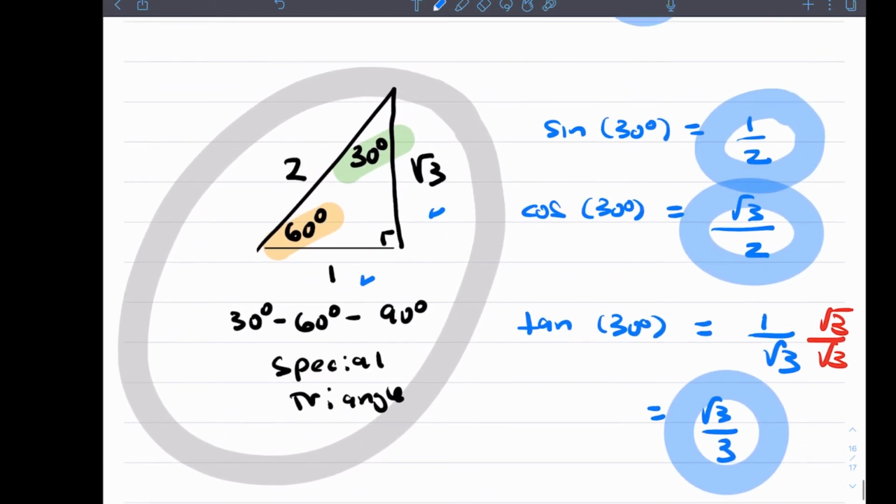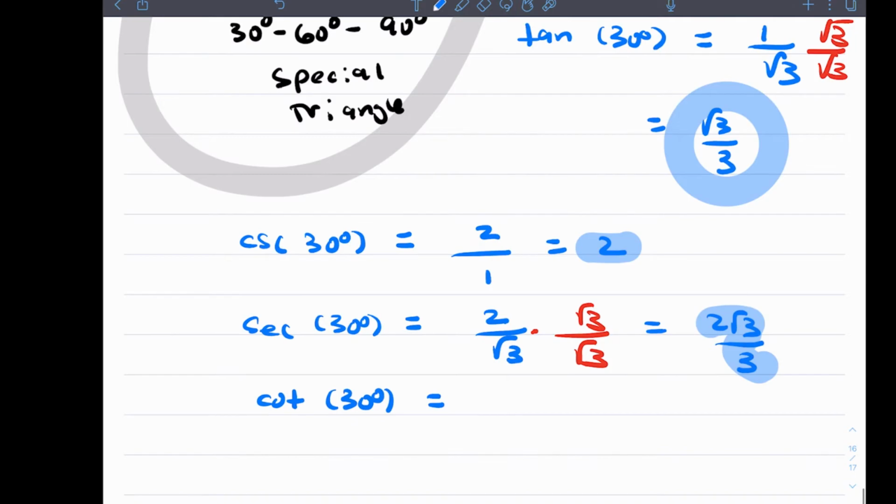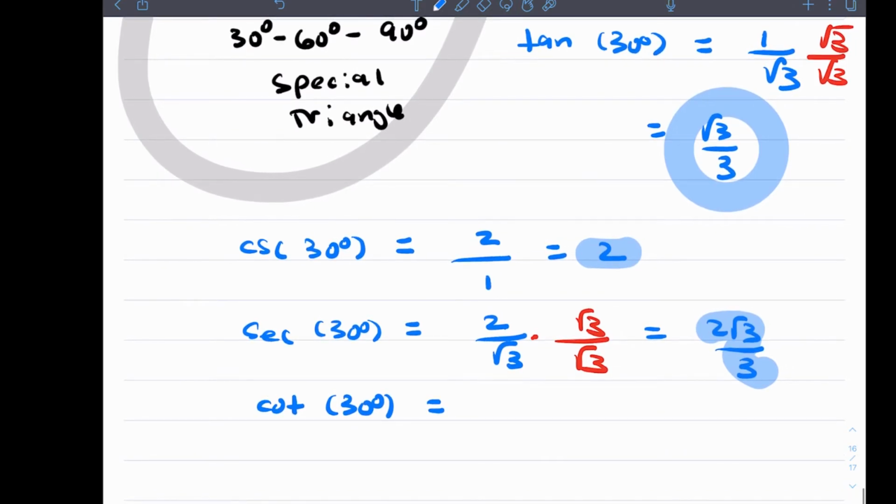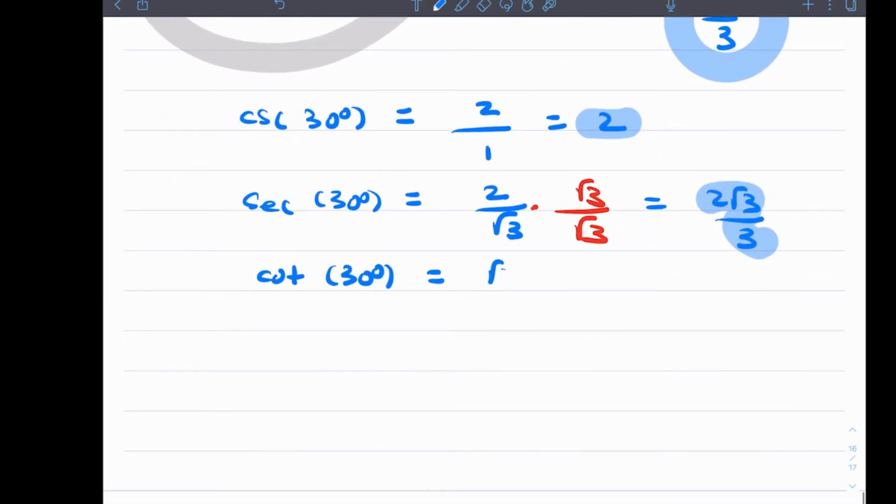Tangent 30. We're going to flip over 1 over the square root of 3. Is that right? So what's that going to be? Square root of 3 over 1. What's anything divided by 1? It's itself. So ladies and gentlemen, there you go. Okay, so now you have the 6 trig ratios for that 30-degree angle.